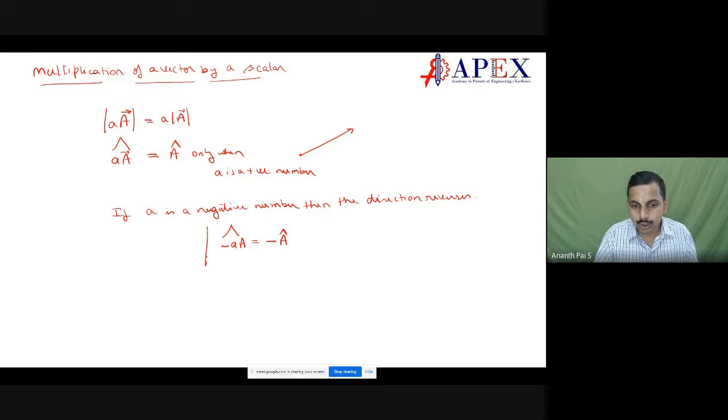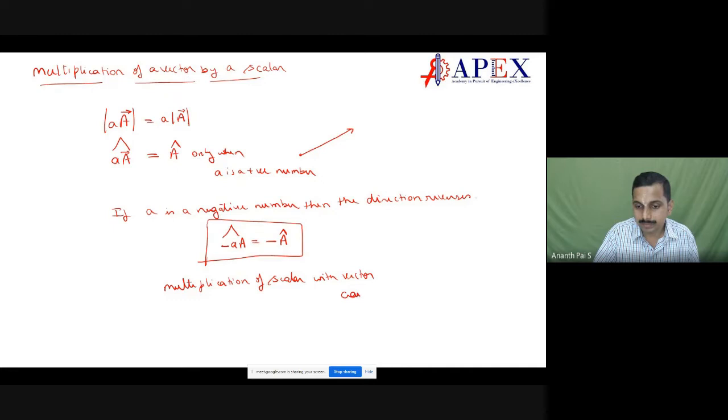Make sense? So multiplication of scalar with vector causes first, scaling. Scaling means making it bigger.